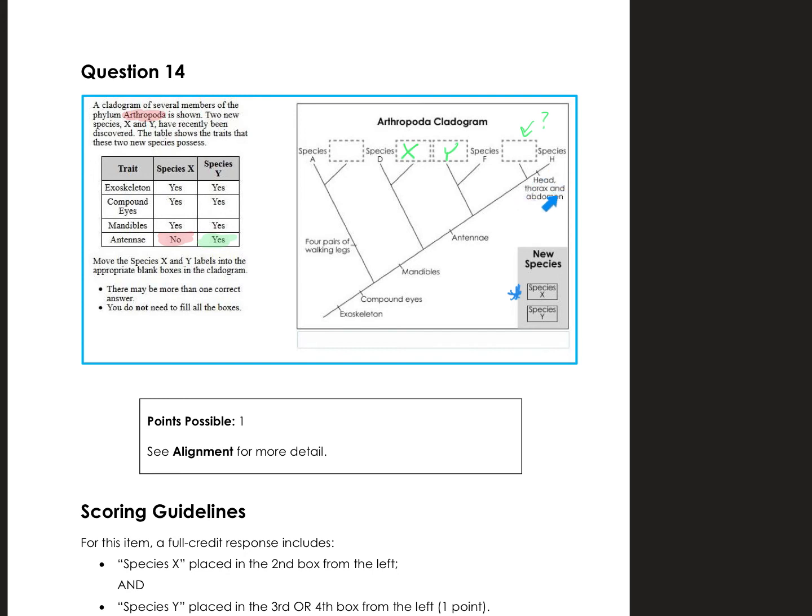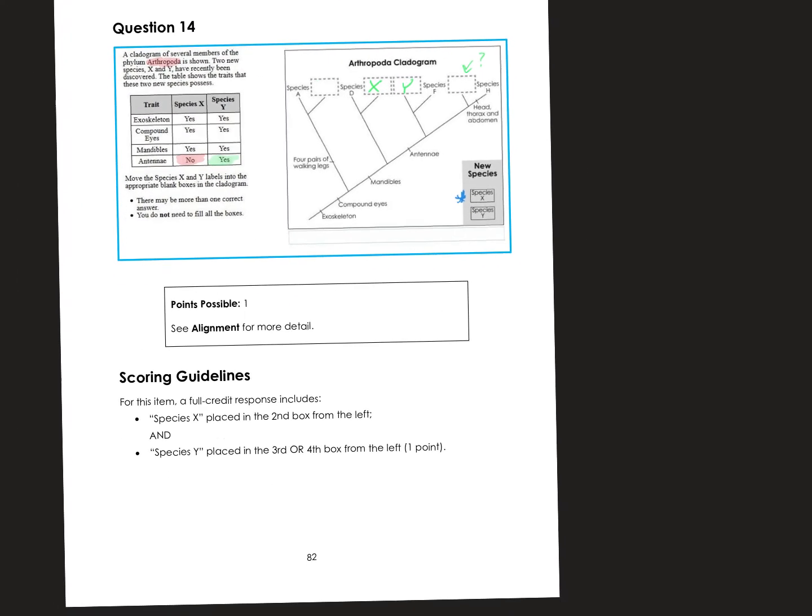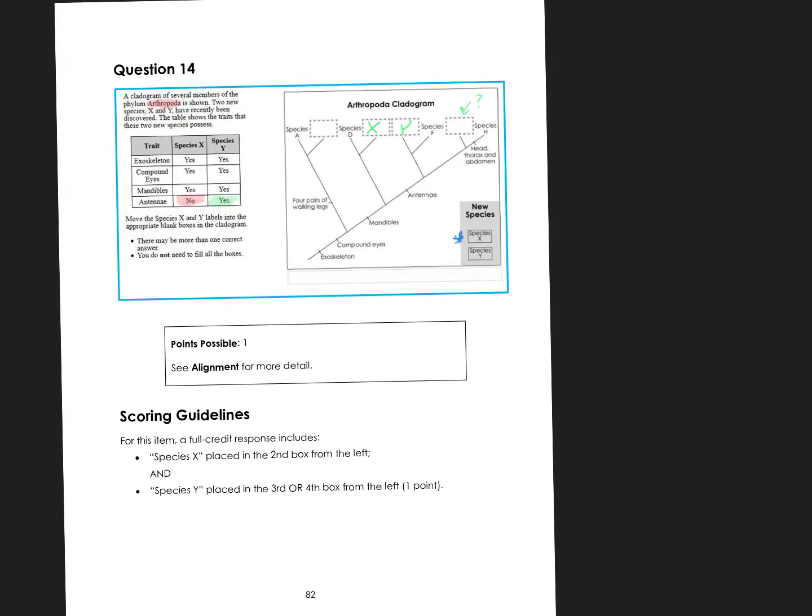We don't know anything about head, thorax, and abdomen. But for sure it's an XY. All right. So they say you could have put Y here and still got a point. Y could have been here or here because the only thing we know is that they definitely have antenna. So either one of these places would be correct. But X has to go here based on the data we have.